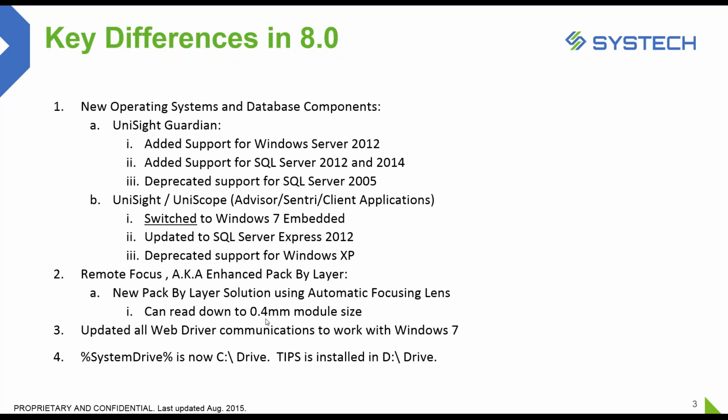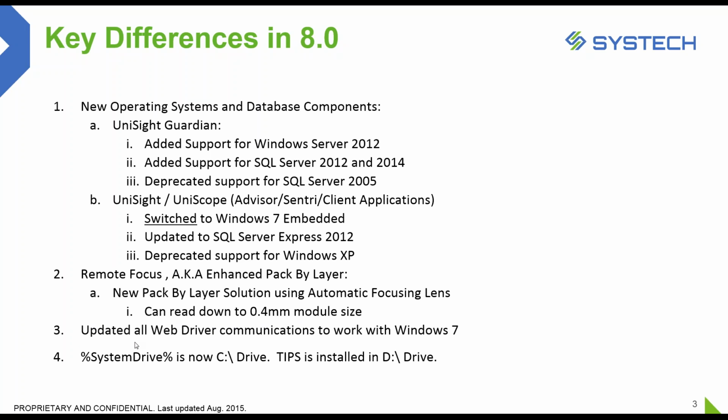Currently, it reads all the way down to 0.4 millimeter module size, which is the European standard for 2D matrices. And we can actually read even lower than that at times, depending on the print quality. Right. What we used to support before was a 0.6 millimeter module size, and that had to be laser printed.